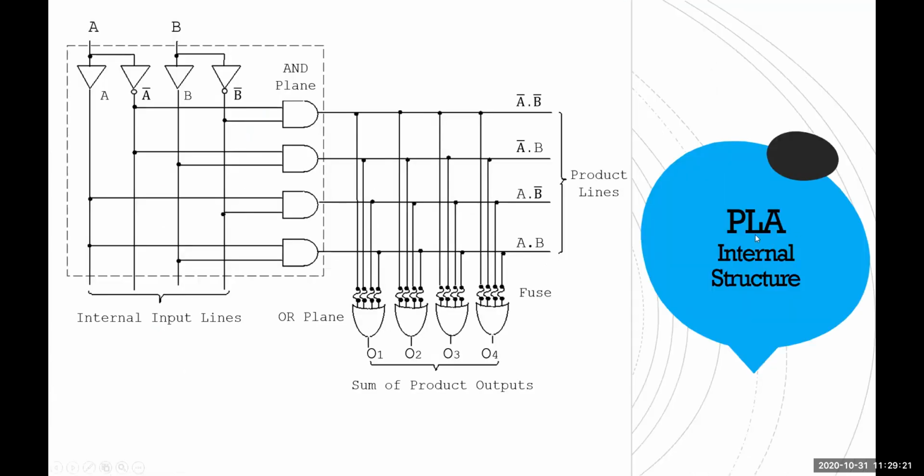Now, let's talk about the PLA, Programmable Logic Array, internal structure. Here you can see you have two inputs: one is A, another one is B. A is going inside the IC. Which one is the IC? Let's make one enclosure, see this pink color.